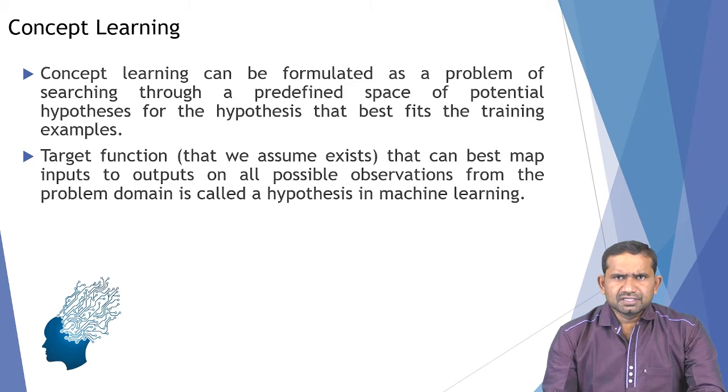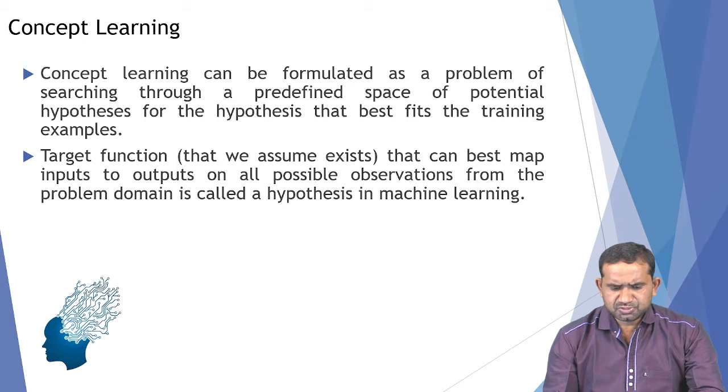Right. Next, the target function that can best map inputs to outputs, and all possible observations from the problem domain, is called a hypothesis in machine learning. What is the meaning of hypothesis in machine learning? Actually, a hypothesis is nothing but an assumption, which may or may not be correct.